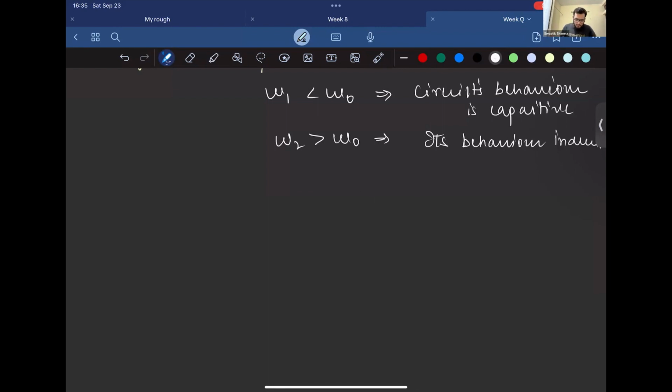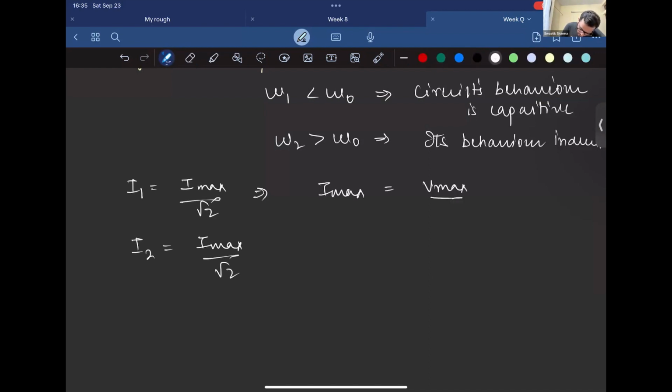So at half power frequencies, I1 is I max by root 2, and I2 is also I max by root 2. Now we know I max comes from the fact that I max is equal to V max by R, which means I1 is equal to V max upon R root 2, which is equal to I2.